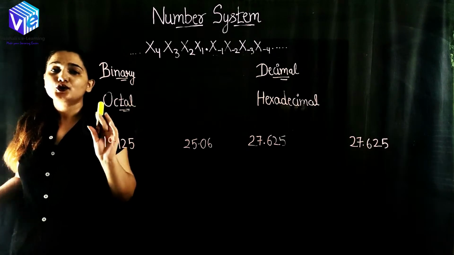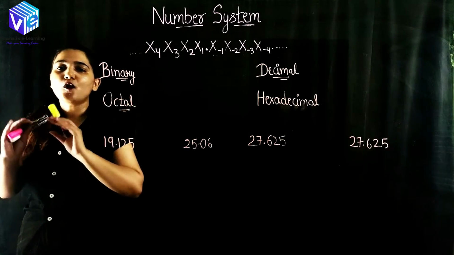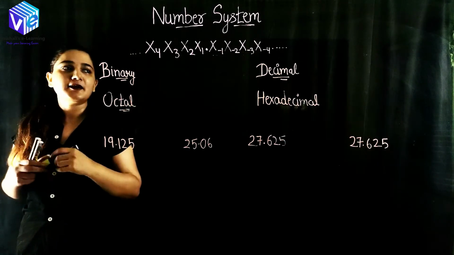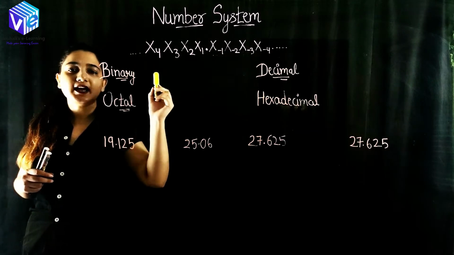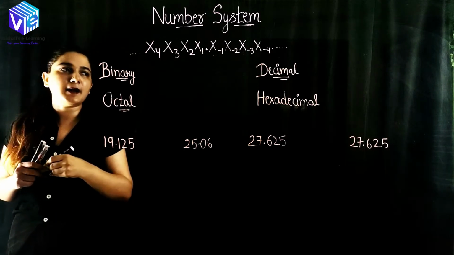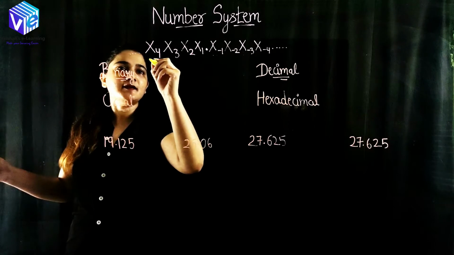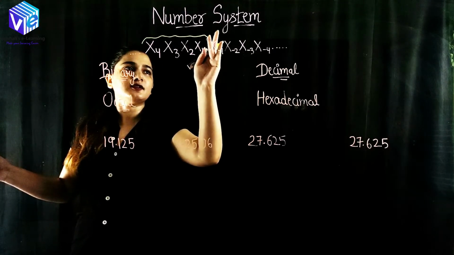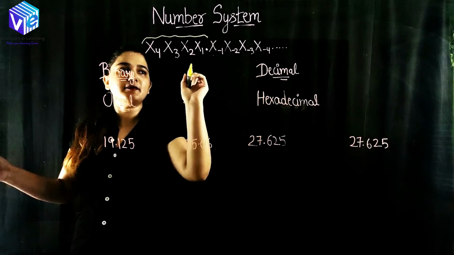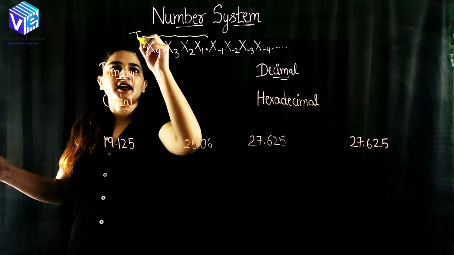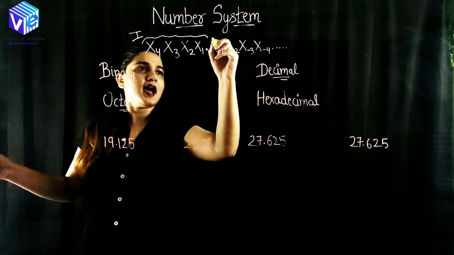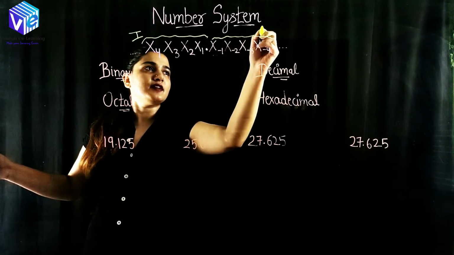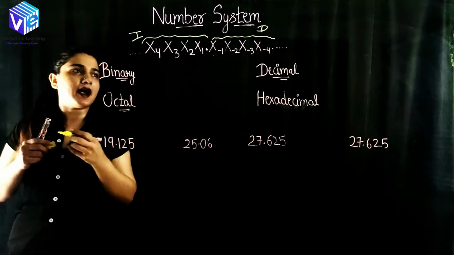One thing is common in all of the number systems: we have some integer part and some decimal part. This is my decimal point; the number before it is the integer part, and after it is the decimal part.